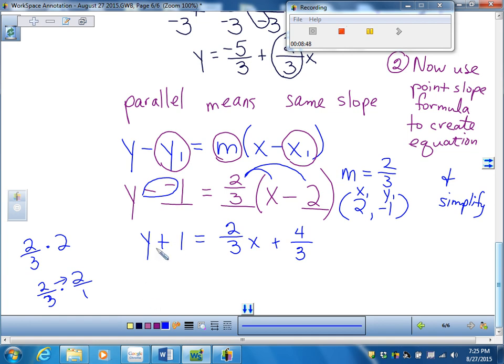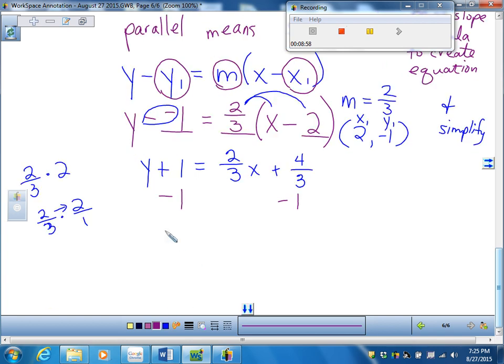Last step. I need to get y by itself, so I'm going to subtract 1 from both sides. Subtract 1. And my final answer is y equals 2/3 x, and then 4/3 take away 1. If you have 4/3 and you're taking away 1, that's the same as 4/3 take away 3/3.